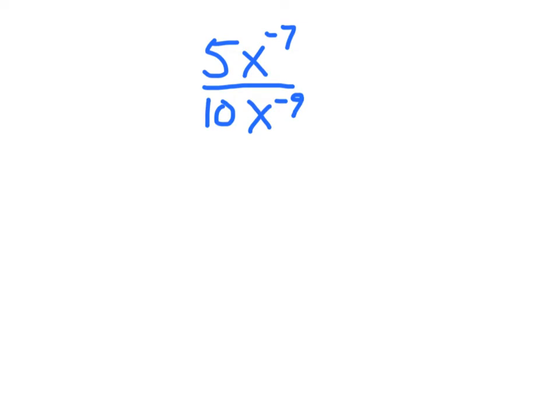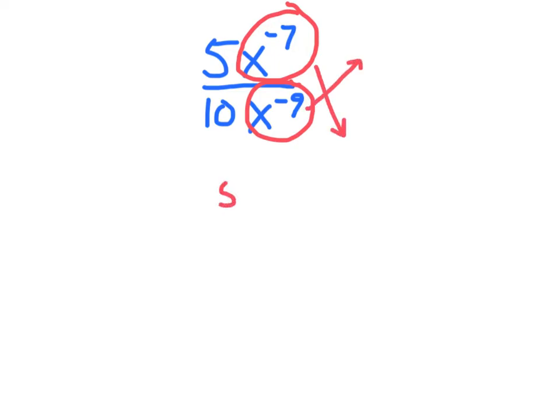In this problem, I see that I have negative exponents. So a first step would be to circle the whole powers that are going to move. I'm not circling the 5 because the 5 does not move. So when these things switch places, we're going to have 5x to the 9th over 10 x to the 7th.